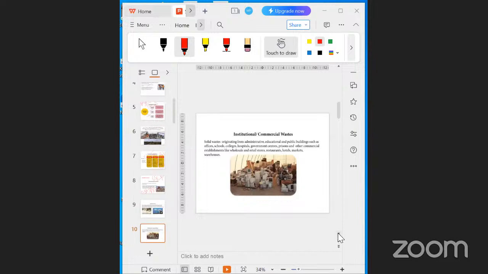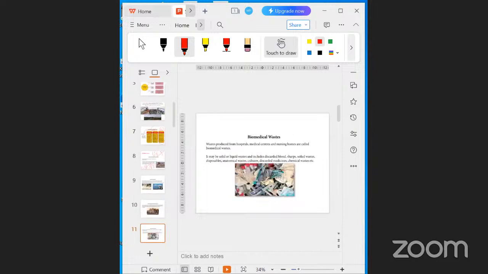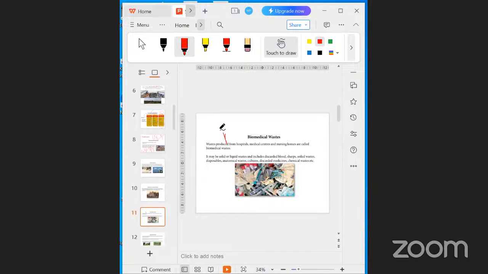And next we are going to biomedical waste. All of you know about this biomedical waste. As the name suggests, it is waste produced from which places? Biomedical means hospitals, health centers, and nursing homes.